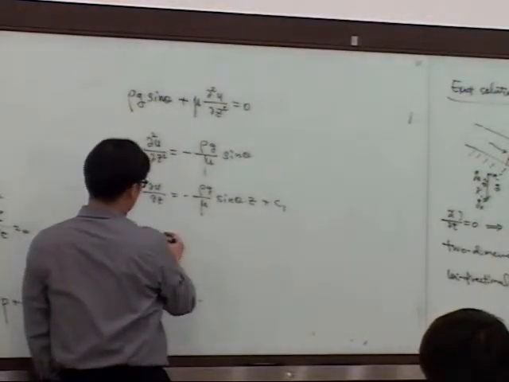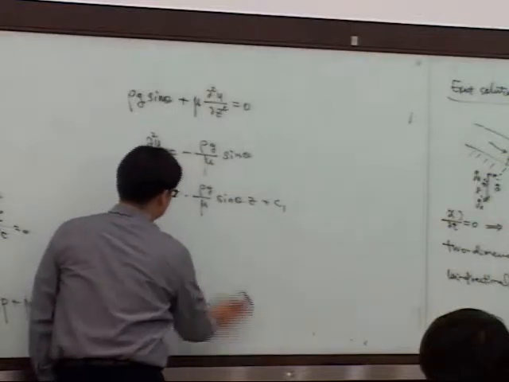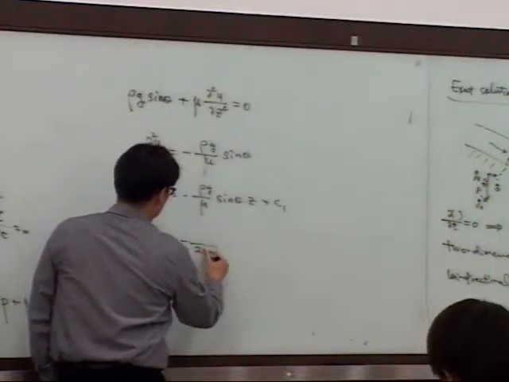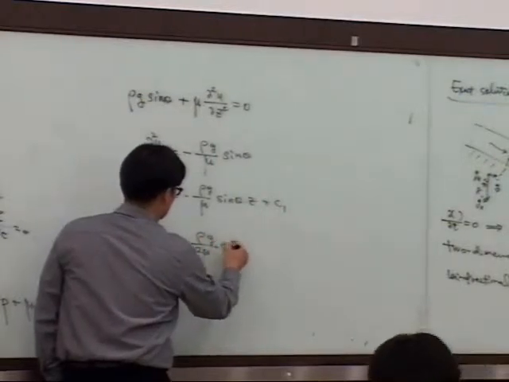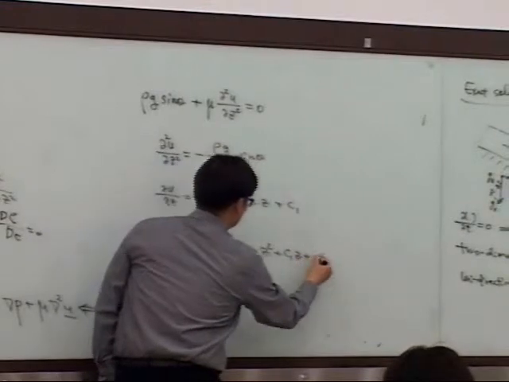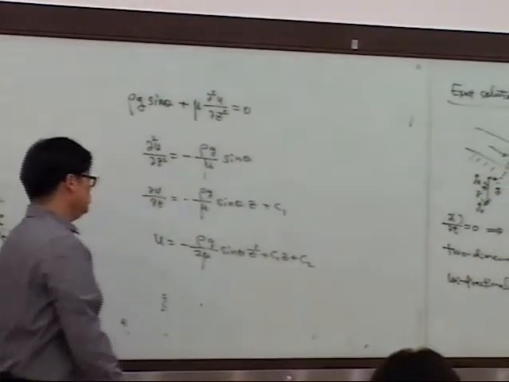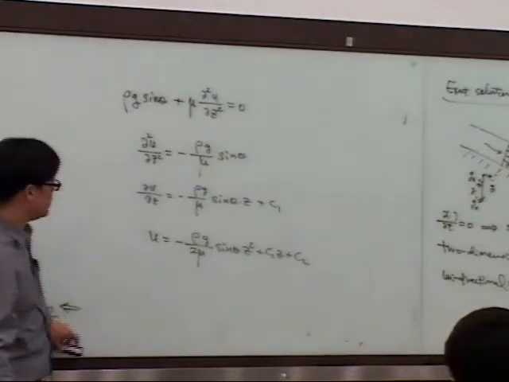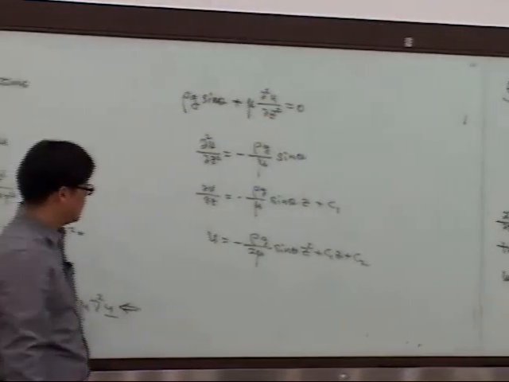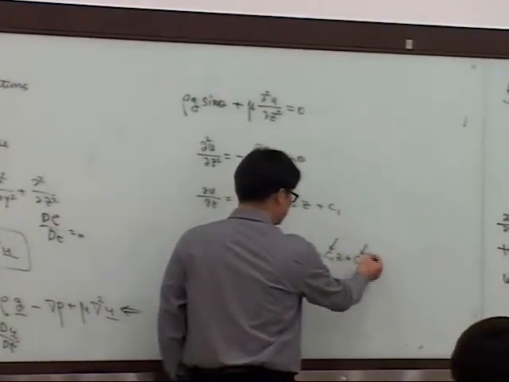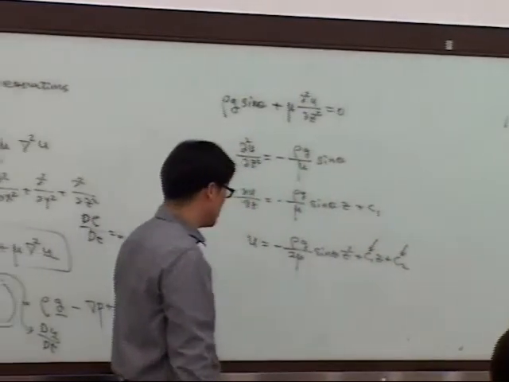And then I integrate twice to get u. Okay. So I have to determine C1 and C2. These are unknowns, integrating constants.